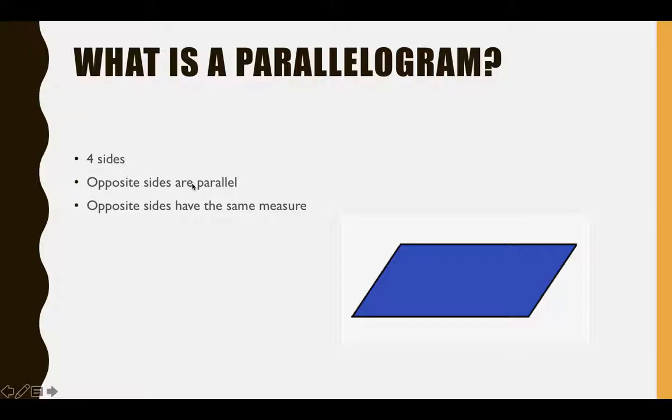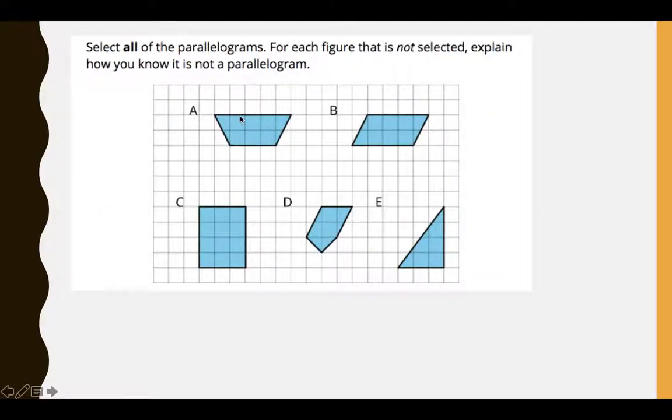So it has 4 sides. Are the opposite sides parallel? When I look at the top side right here and the bottom side right here, I notice that if those sides were to extend, they would never cross. So the top and bottom sides are parallel. How about the left and the right?